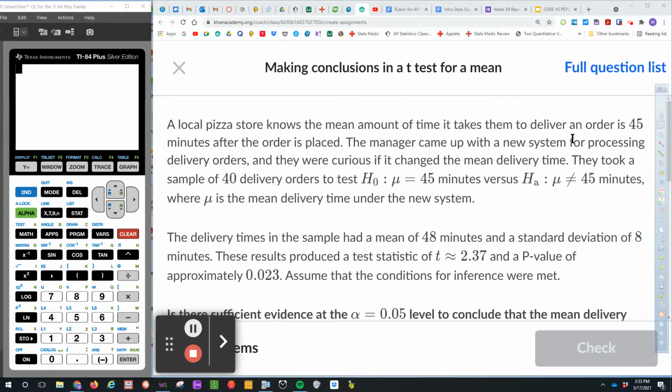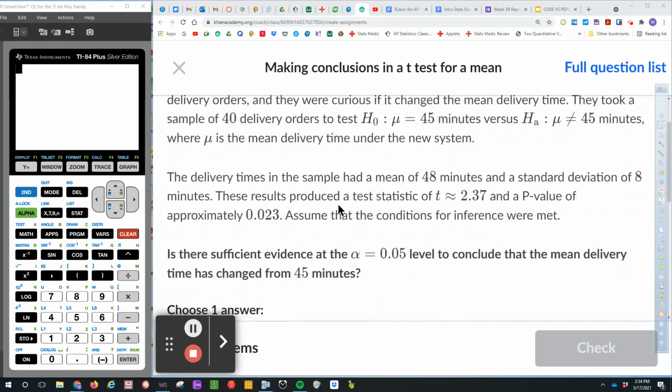They took a sample of 40 delivery orders to test H naught: mu equals 45. That's your null hypothesis versus the alternative hypothesis where mu is not equal to 45, because they're curious to see if it changed. It could be less, it could be more, where mu is the mean delivery time under the new system.